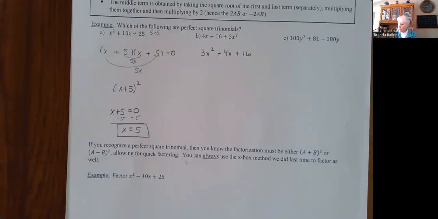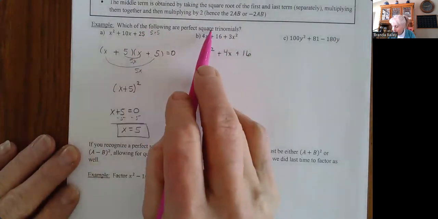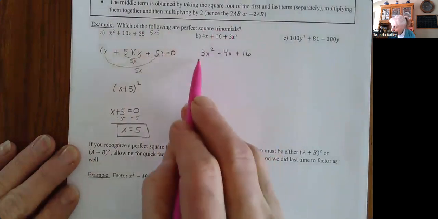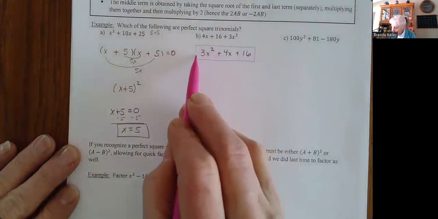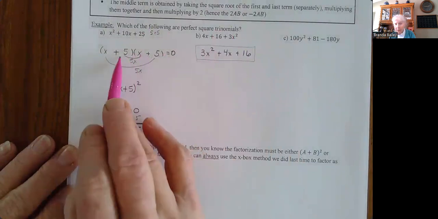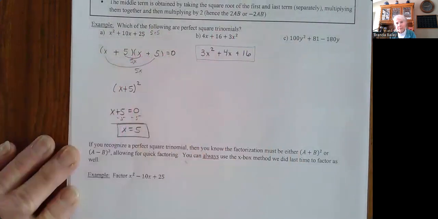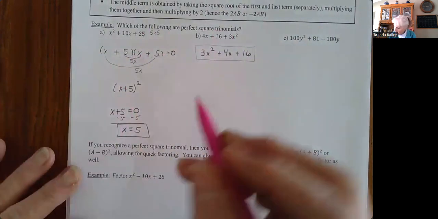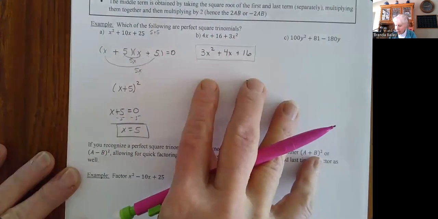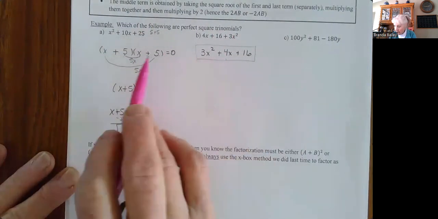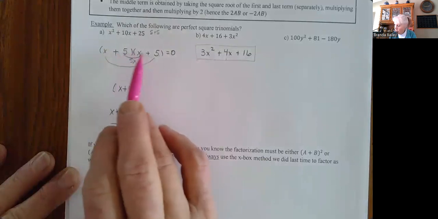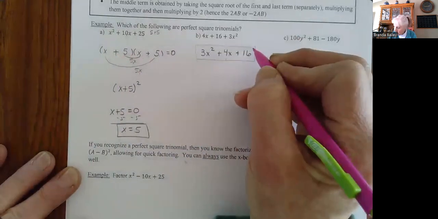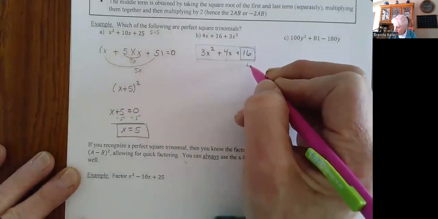Now, which of the following are perfect square trinomials? Could I get this to look like this right here? Well, it's not that you can't factor this, it just won't look like these. These two won't match. And the reason is, 4 times 4 gives you 16.